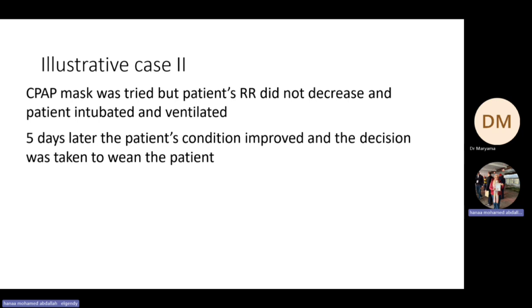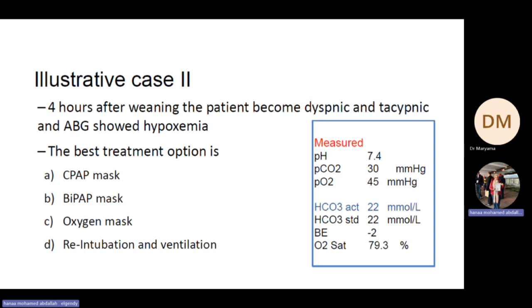CPAP mask was tried, but the patient's respiratory rate did not decrease, and the patient was intubated and ventilated. 5 days later, the patient's condition improved, and the decision was taken to wean the patient. 4 hours after weaning, the patient became dyspneic, tachypneic, and the ABG showed hypoxemia. What is the best treatment for this patient? We cannot use non-invasive ventilation for this patient because of the previous failure. We have to go for re-intubation and ventilation.